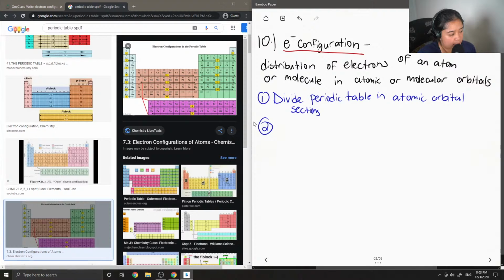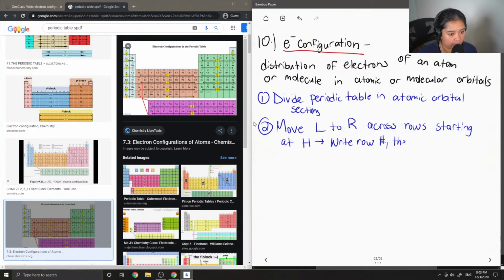So the second step is to move left to right across the rows, starting at H. When we write down the electron configuration, we first write the row number, then the block letter.